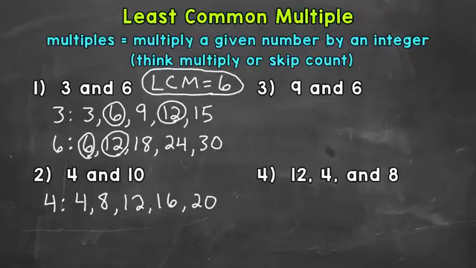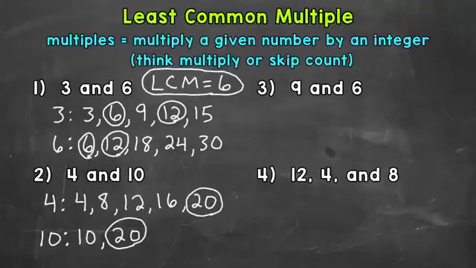Let's do 10 now. 10, 20, and you may notice that we have something in common there, and that's going to be the least common multiple. If you notice that you have a least common multiple, there's no need to keep writing out multiples. We have our answer. So 20 is going to be our least common multiple. So least common multiple equals 20.